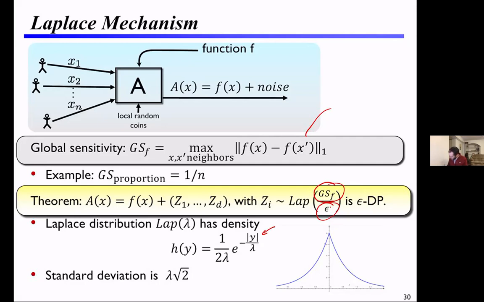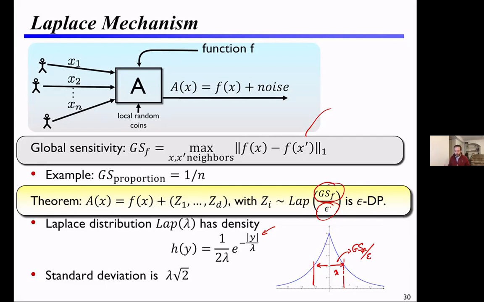What's really going on here is that all lambda is doing is just rescaling the distribution. So lambda is the measure of roughly how spread out the distribution is. That is, the rough magnitude of the noise you're going to add is going to be given by this global sensitivity over epsilon. And just to give you a concrete sense, the standard deviation of this distribution is lambda times square root of 2.